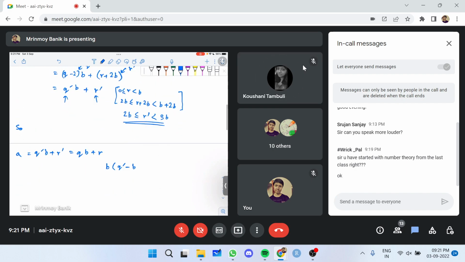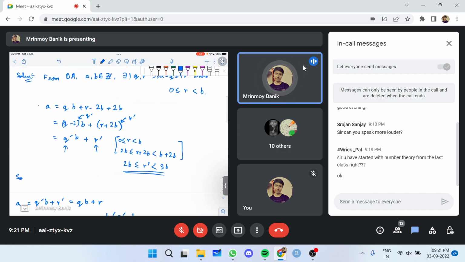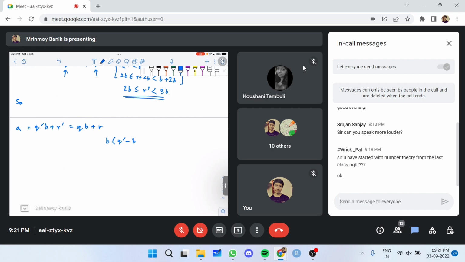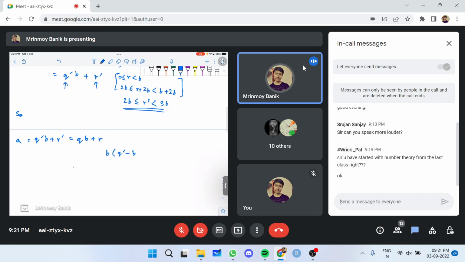So you started with the equation they gave and tried to show it implies the division algorithm. Yes, sir. What was the issue you faced? At the end it was coming to less than or equal to q dash minus q less than 3. And how to prove it then?